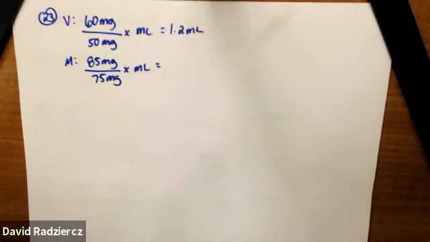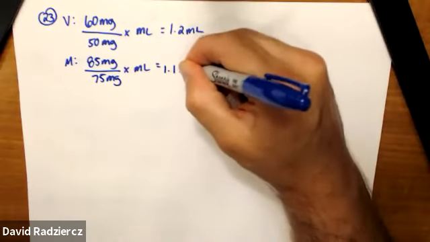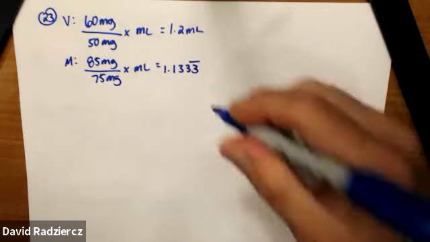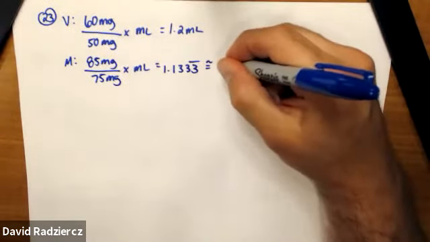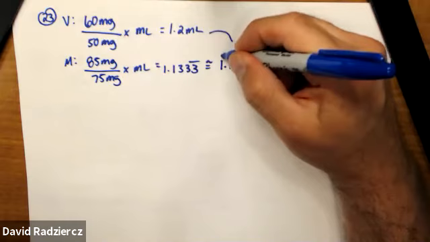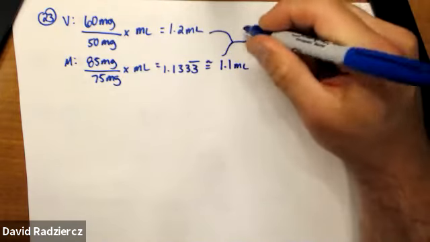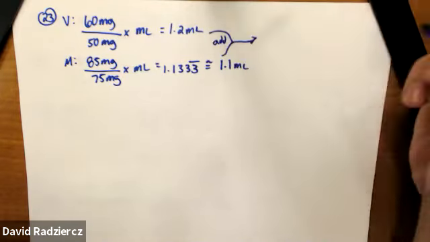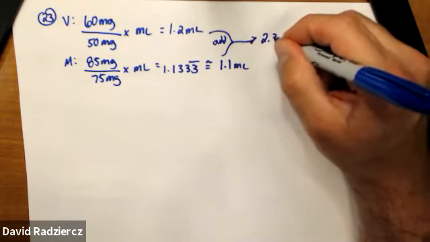So 85 divided by 75 gives me 1.1333 repeating. And so what you're going to do is round that number to the nearest tenth because it's a number greater than 1. So 1.1 ml. And then you're just going to add these two together. So we're going to add, and I'm going to get 2.3 ml.